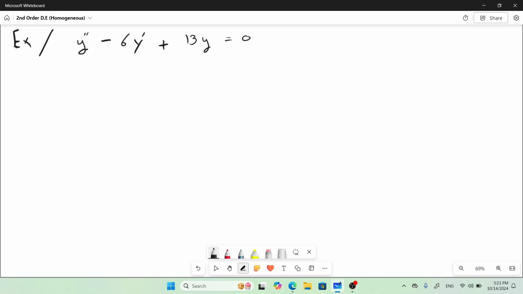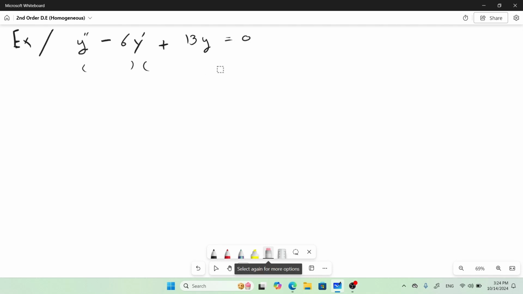Now we have this example which states y double dash minus 6y dash plus 13y is equal to 0. Now, we can't use the brackets method as there are no two numbers that we can multiply together to give us 13 and add together to give us negative 6. So we must use the quadratic formula.